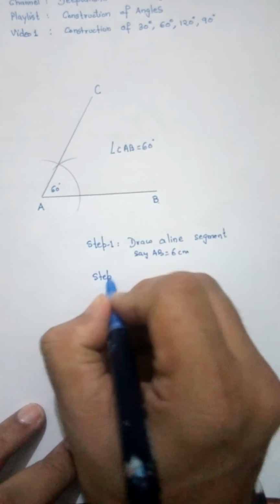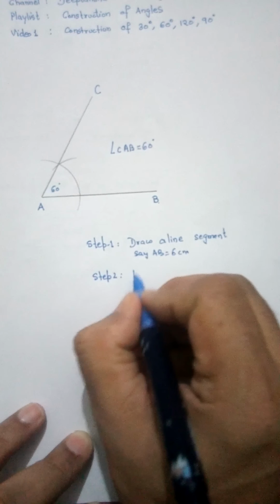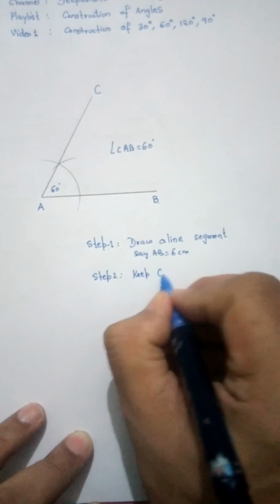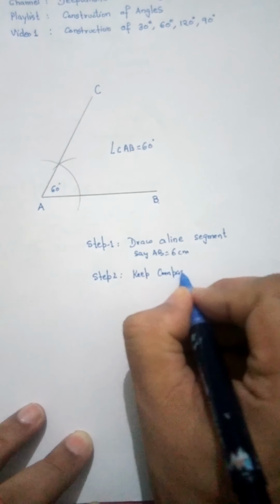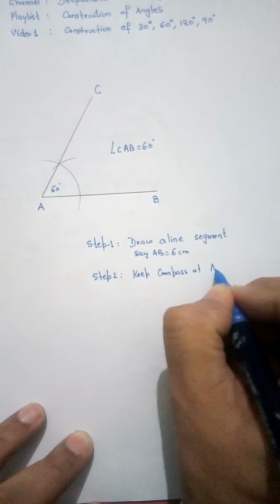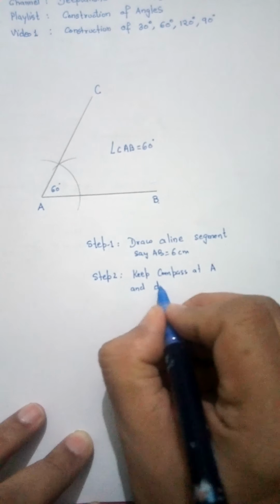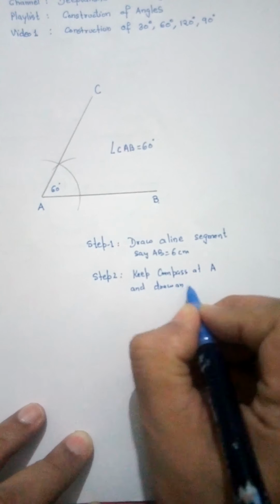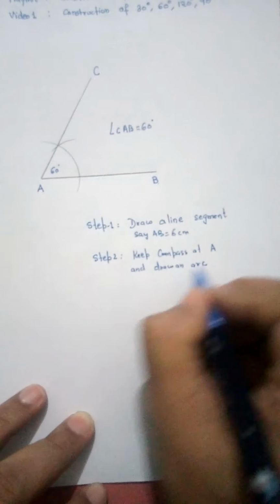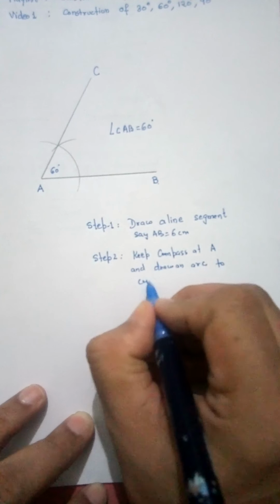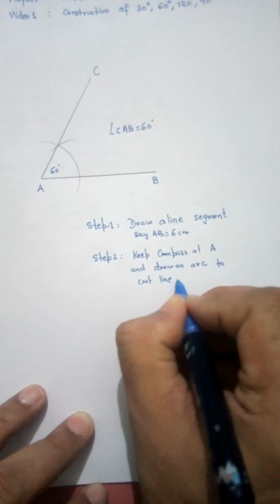Step 2: keep the compass at A and draw an arc to cut the line AB.